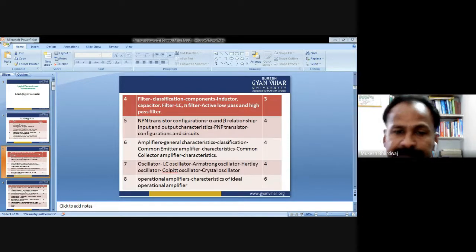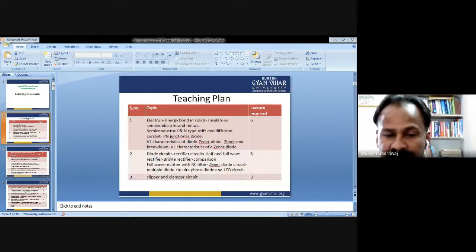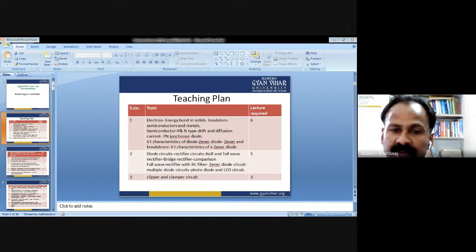Third is clipper and clamper circuit. The basic idea of clipper and clamper is that we are going to put the input through a clipper circuit or clamper circuit.